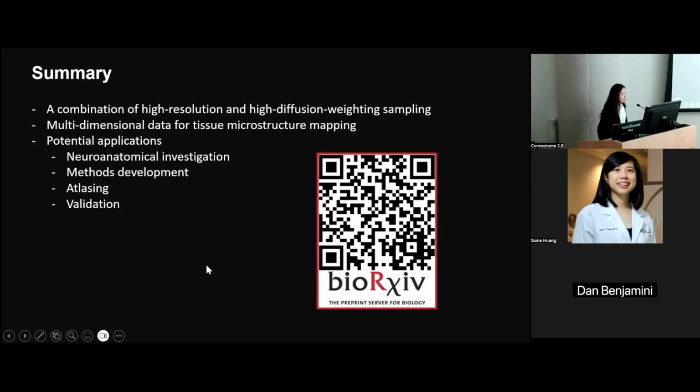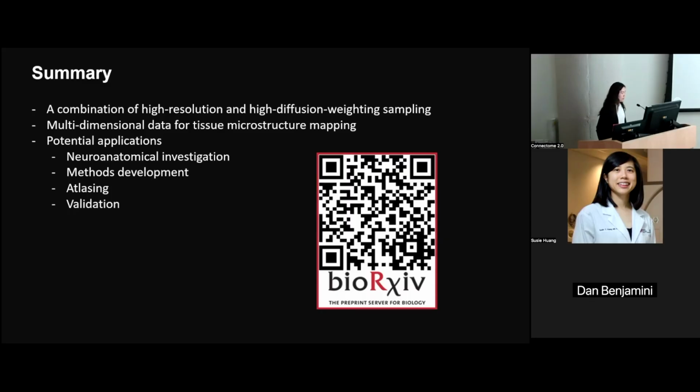So just to summarize, this data resource offers a rare combination of high resolution and also ultra-high diffusion weighting, which is really enabled by those ultra-high gradient systems. Additionally, it provides lower resolution but multidimensional data for more detailed tissue microstructure mapping. So it has a lot of application potential.